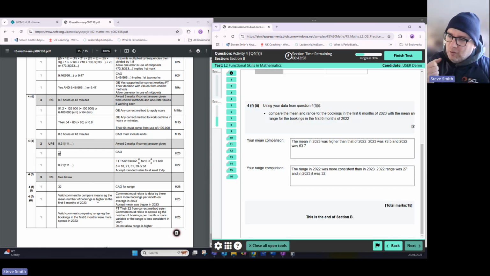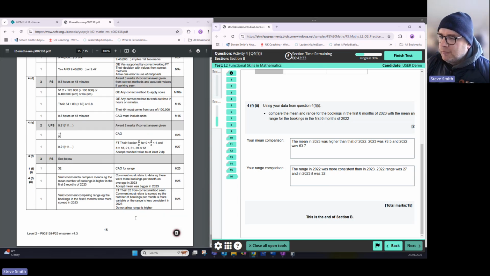One talking about the mean, which was higher in 2023. Valid comments compare means, as in the mean of the bookings is higher in the first 6 months of 2023. Done. Have they used the word consistent? Right. The second comment must relate to the spread. Example, the number of bookings per month is more variable, or the range is less consistent in 2023. Do not allow the range is higher.